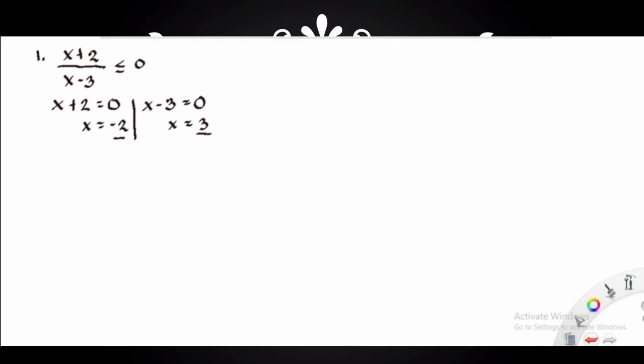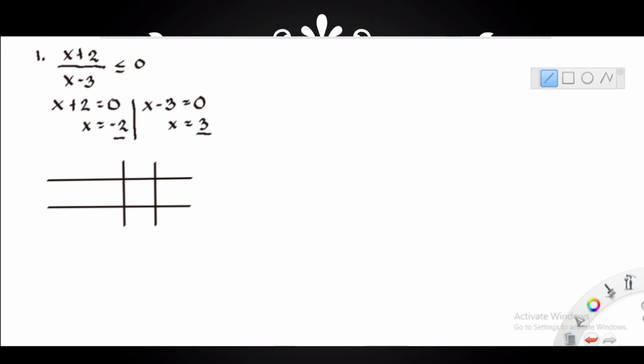The next thing we should do is we are going to draw two horizontal lines like this and two vertical lines like this. And what we are going to do is sa vertical lines ay isusulat natin yung mga na-solve natin na values ng x from the smaller to the higher value.